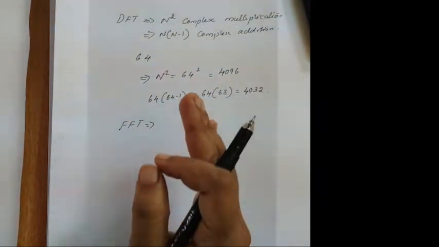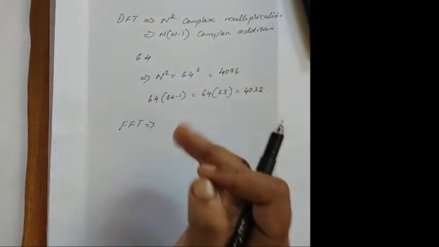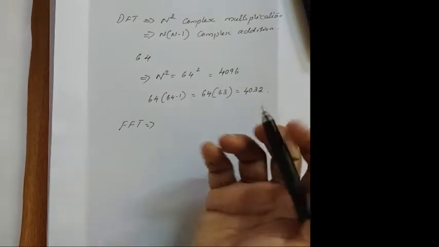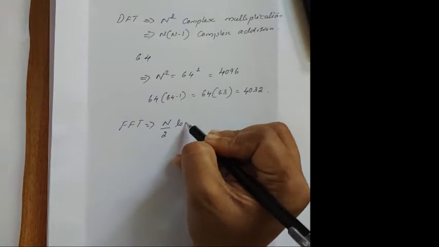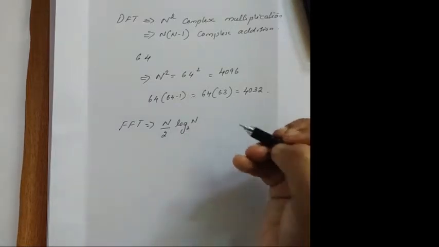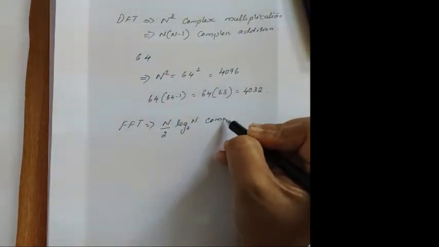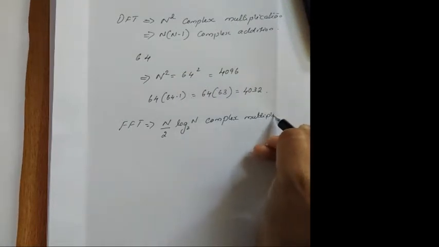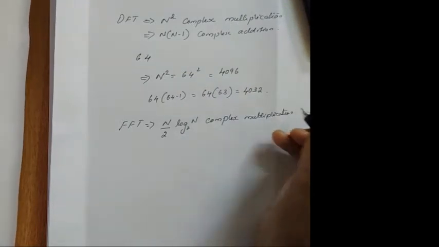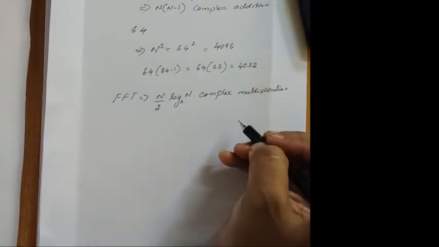So in order to reduce the computation time, you go for a fast Fourier transform. Here you need n by 2 log 2 n complex multiplications, since multiplication is the lengthiest process.